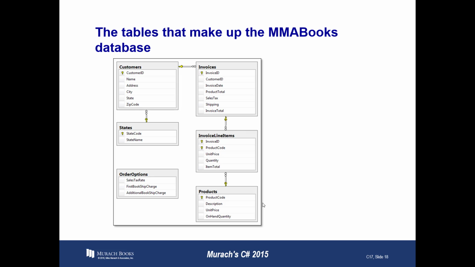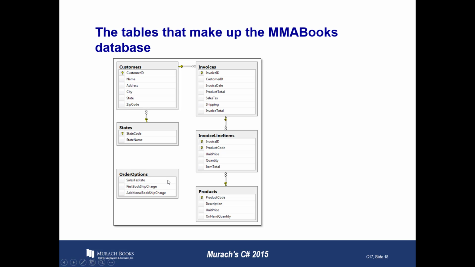So we're going to look at this MMA Books database. Maybe we'll even create the entire database ourselves. If you notice, it has 1, 2, 3, 4, 5, 6 tables. The customers table is connected to the invoices table. The customers table is connected to the states table. The invoices table is connected to the invoice line items table. The invoice line items table is connected to the products table.